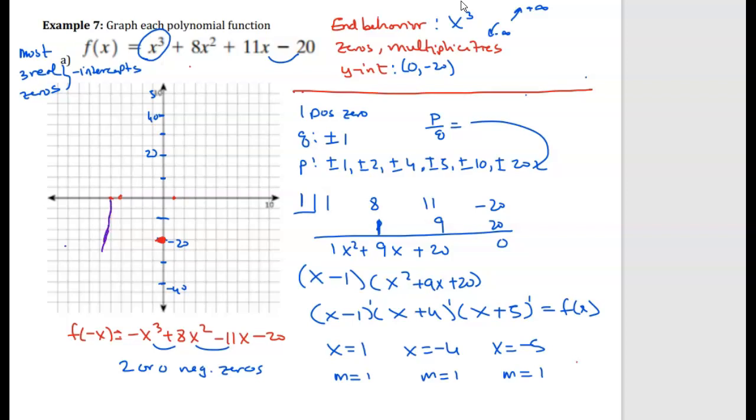Then it passes through negative 5, then negative 4, then negative 20, then it passes through 1 and goes to infinity. It's probably just a little bump here, like this. That's a sketch of that polynomial function.